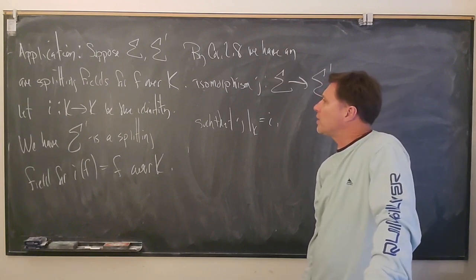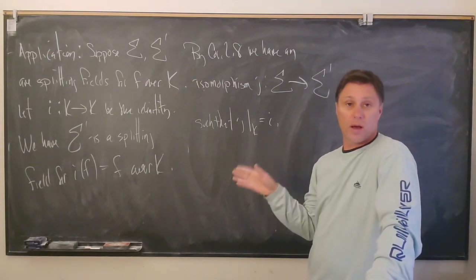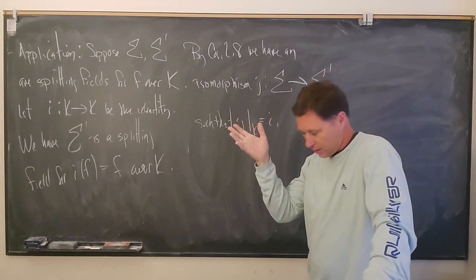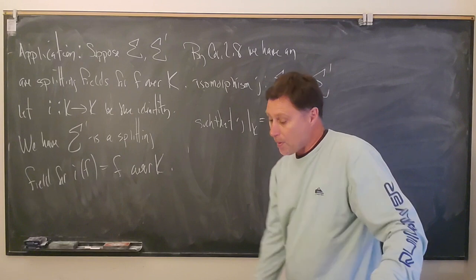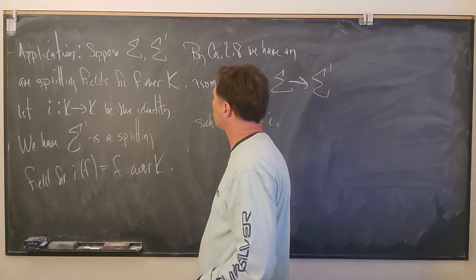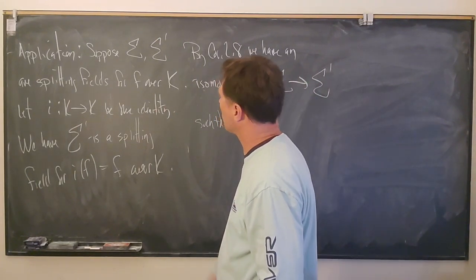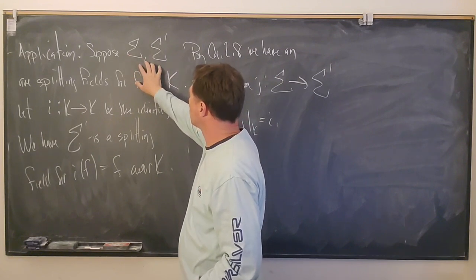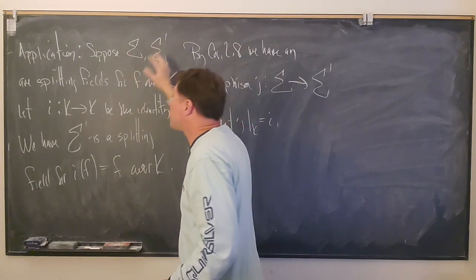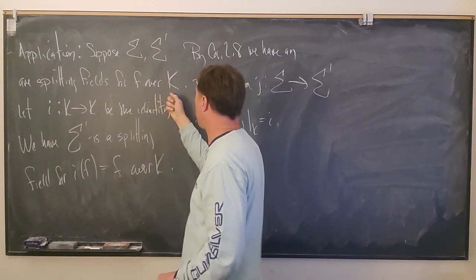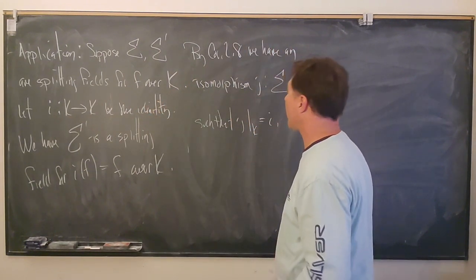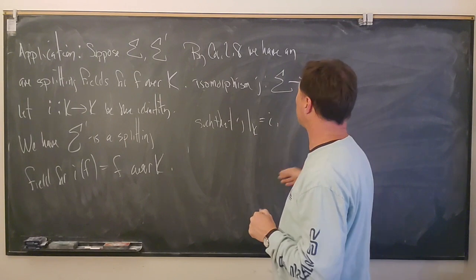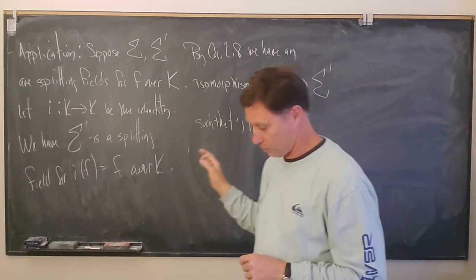And if you've noticed, I keep slipping and saying the splitting field when I mean a splitting field. But now what do we have? We have potentially two different splitting fields for f over k, and in the end, they're isomorphic. And they're isomorphic by an isomorphism that fixes k.